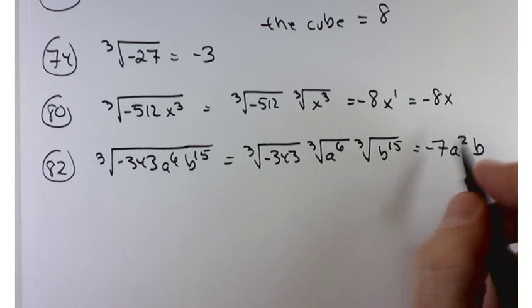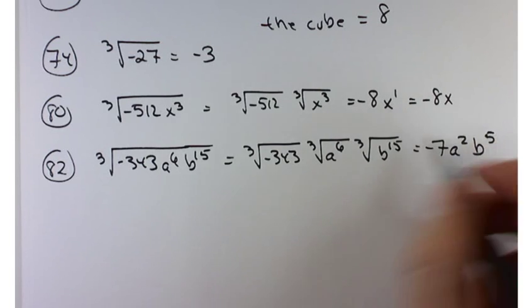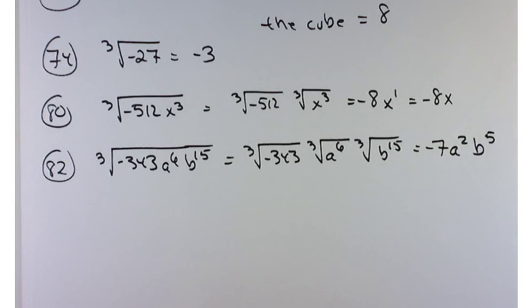Cube root of b to the 15th is b to the 5. It's 15 divided by 3. So, nice. No absolute values to these. Correct. Yeah. And like I said, I will talk in general terms in a minute about when you use the absolute value.